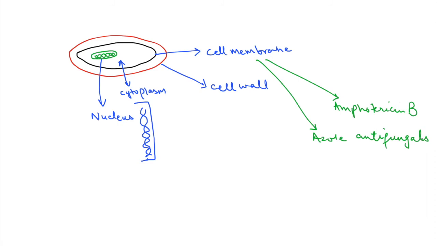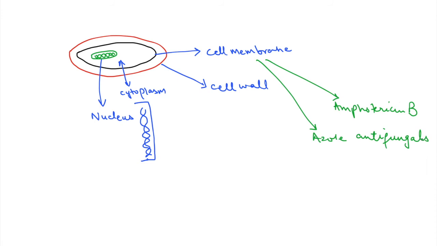Actually, the two structures that are most targeted in the fungal cell are the cell wall and the cell membrane, because these two structures surround and protect the fungal cell. So these are the most targeted sites for antifungal drugs. So azole antifungals inhibit the synthesis of ergosterol, which is a primary sterol in the fungal cell membrane.